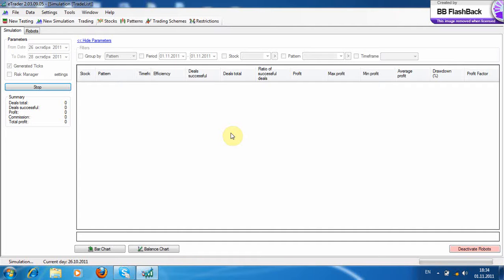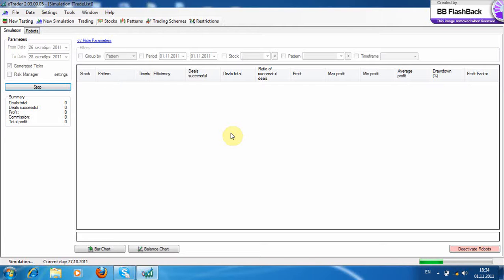But 95% of all the deals that we're going to see in simulations, we're going to see in real-time trading. Some are not initiated because shorts are not allowed, or some slippage issue, but the absolute majority of trades are done.